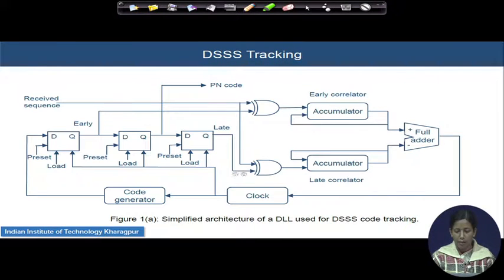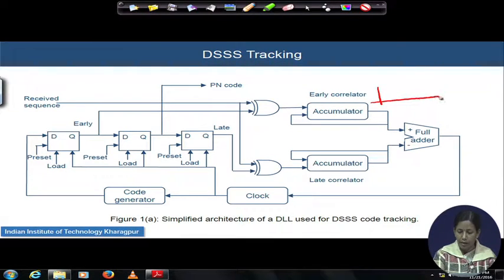So, what is happening at the output of the full adder? Accumulator output 1 gives a diagram like this, and the late gate output gives an output like this.